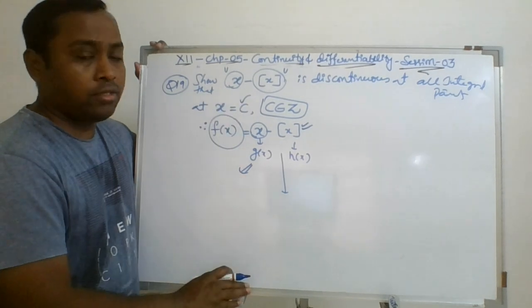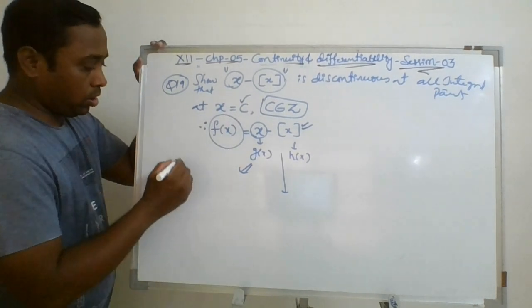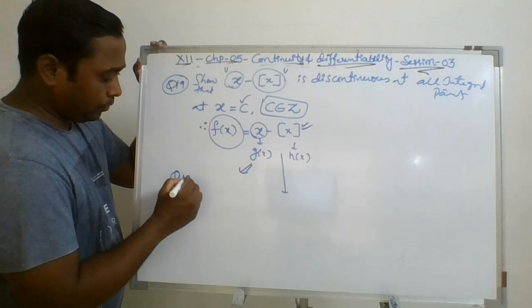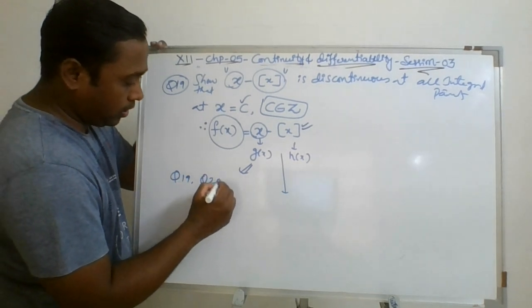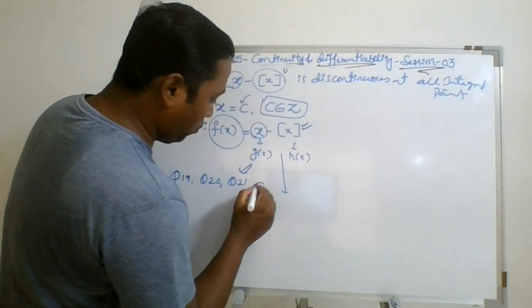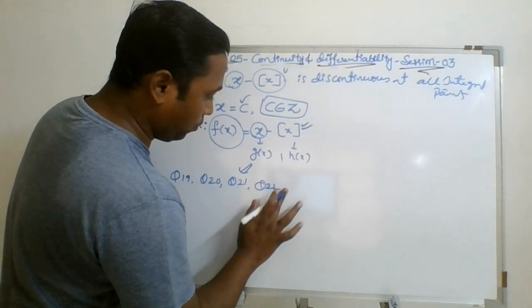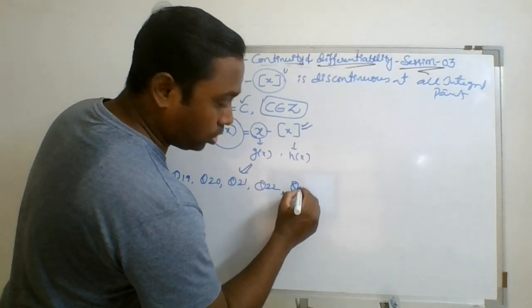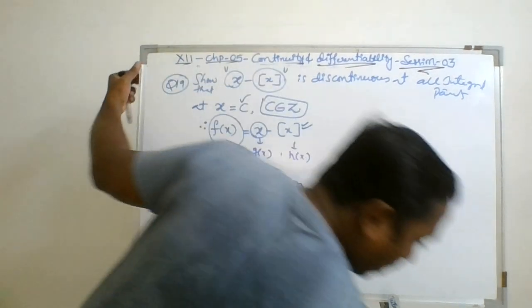So according to this, you may finish question numbers 19, 20, 21, 22, as well as question number 34.